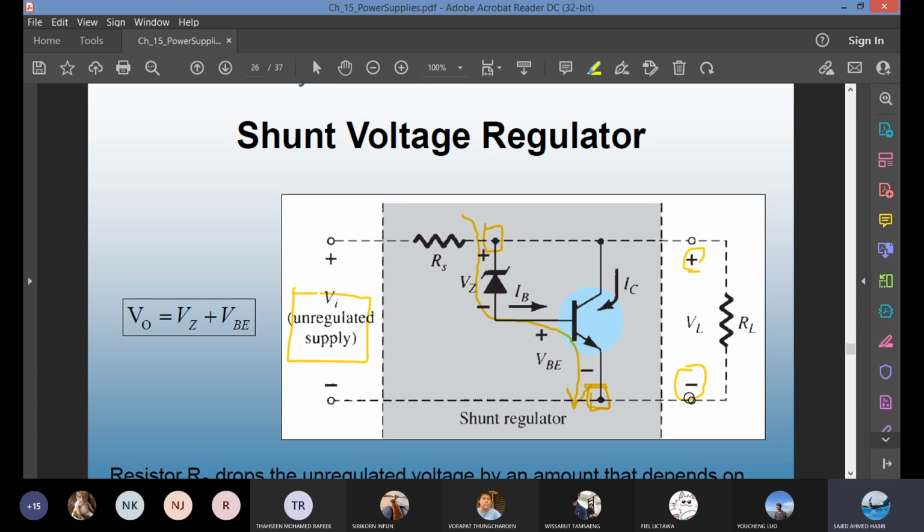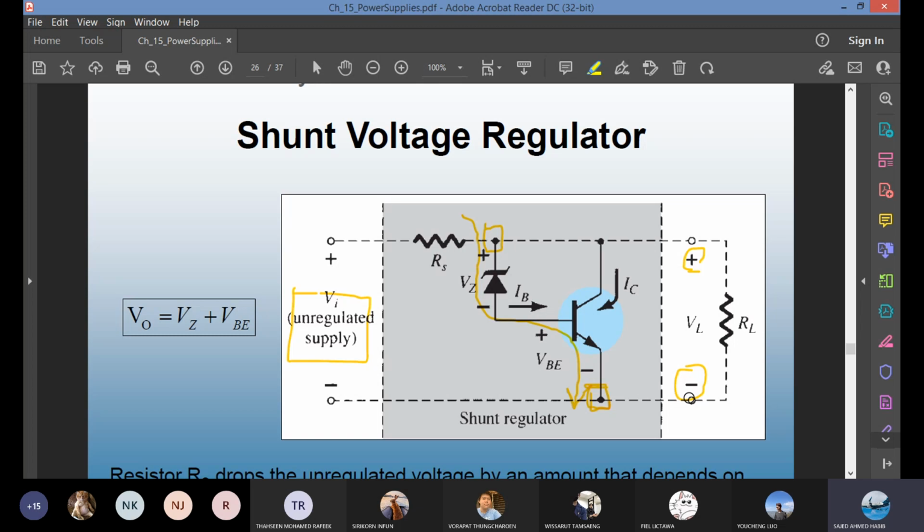When VL goes down, you see the equation on the left, VZ plus VBE. VZ is fixed, so VBE has to go down. As discussed in the previous class, the graph of IB versus VBE shows that when VBE goes down, the base current IB goes down. As a result, IC will go down. And then what happens? The load current will go up.